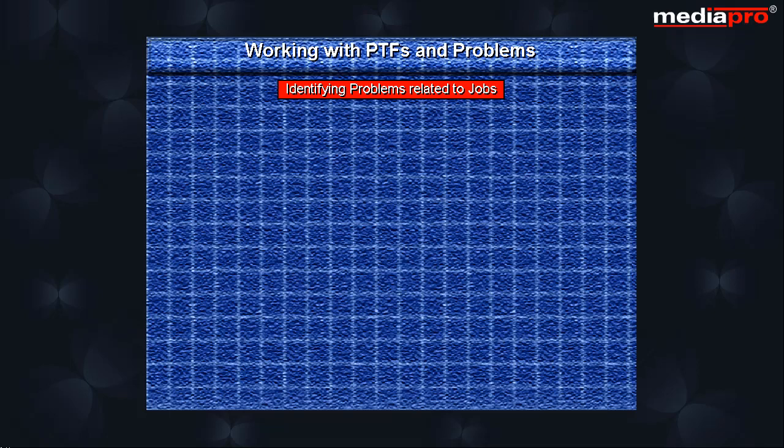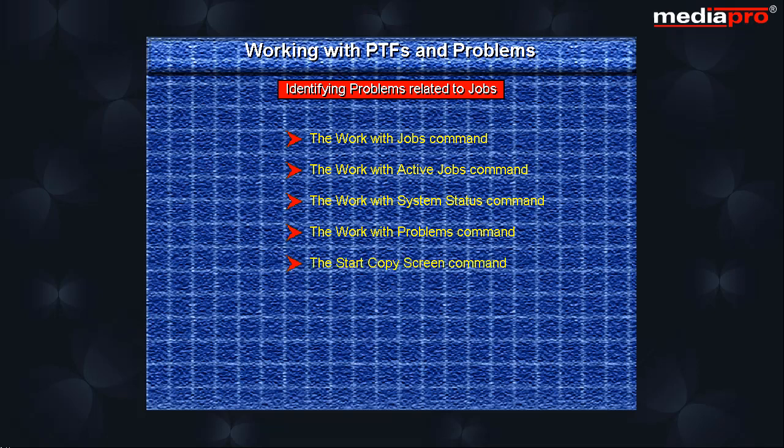Various CL commands such as the Work with Jobs command, the Work with Active Jobs command, the Work with System Status command, the Work with Problems command, and the Start Copy Screen command can be used to determine the source of a problem.